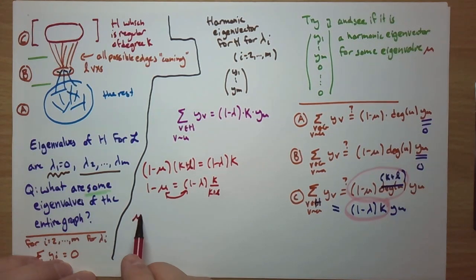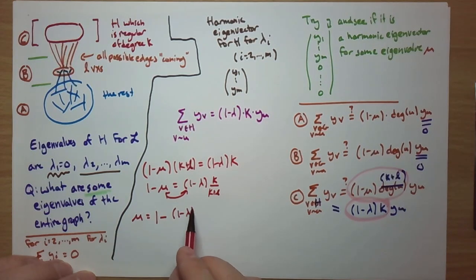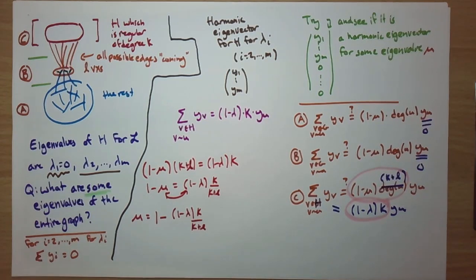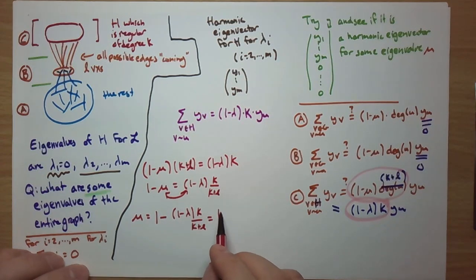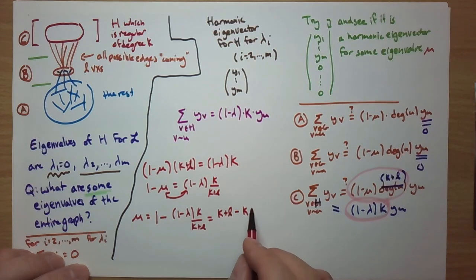So mu is 1 minus lambda k over k plus L. But maybe we can clean that up a little bit. Common denominator is k plus L. So we get k plus L, minus, and we'll distribute through, minus k and plus k lambda, over k plus L.